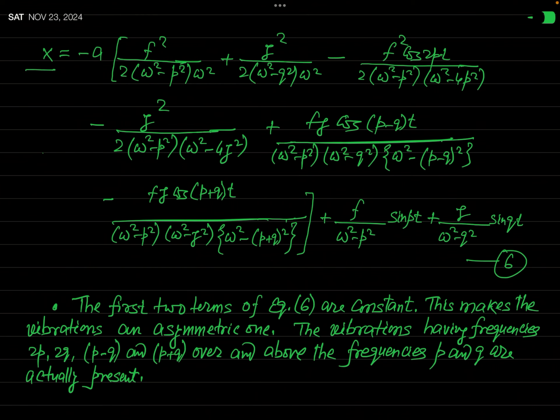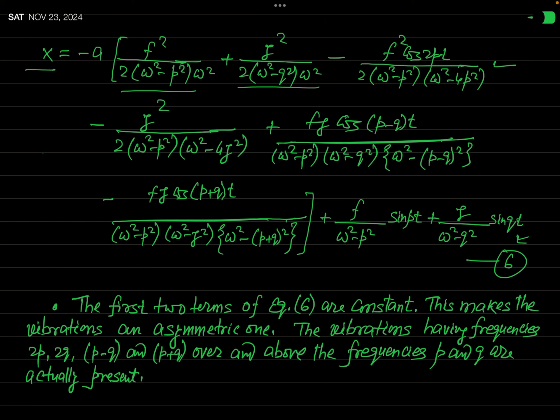In LHS there will be x, and this is minus a, and after the operation of 1 over D square plus omega square, this will be f square over 2 times (omega square minus p square) omega square, plus g square over 2 times (omega square minus q square) times omega square, and minus f square this much, and in this way you can see this will actually be the result. Okay, I am not giving the reading, you can note it down.